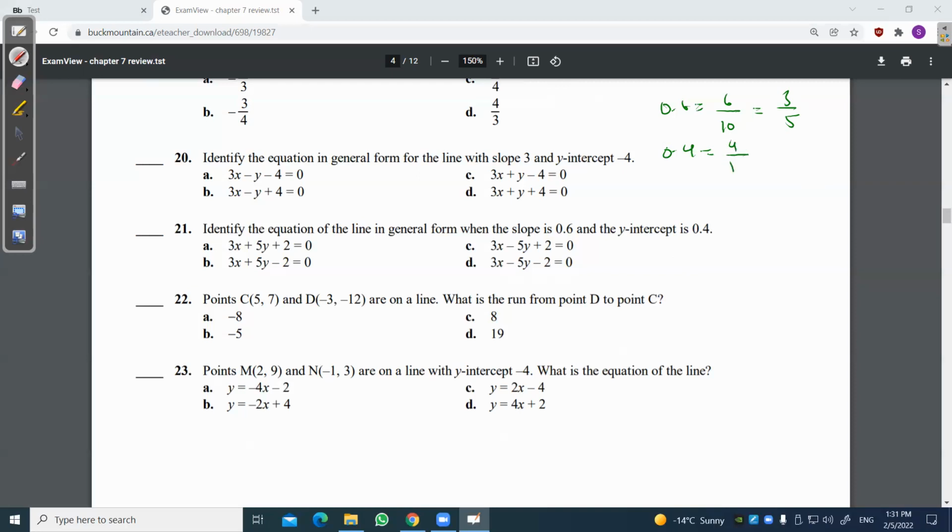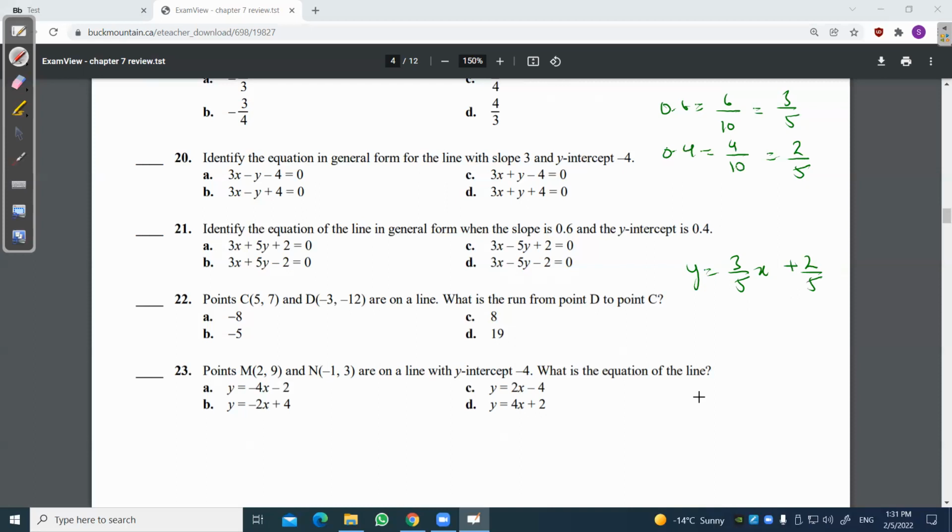It's just 4 over 10. What does that reduce to? 2/5. Yes. Okay. So we know the slope is 0.6, so y equals 3 over 5x. The y-intercept is 0.4, plus 2 over 5, like that.